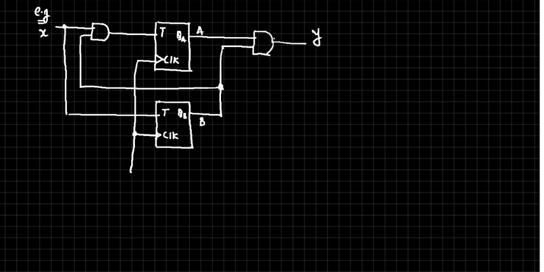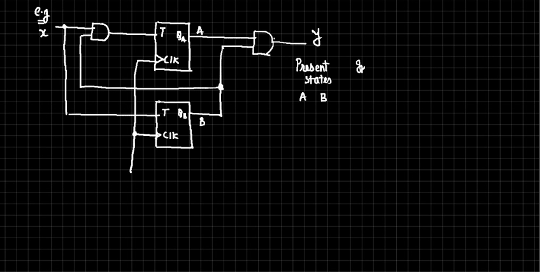States equal the number of flip-flops. How many flip-flops are there? 2. So there will be 2 present states. Okay, let us write that. So it will be present state A and B.